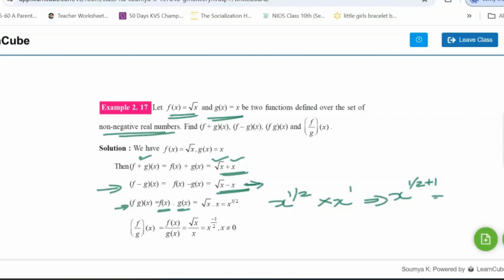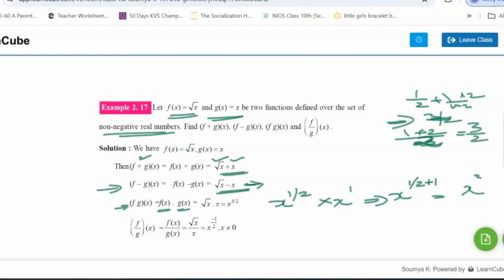When you do 1 by 2 plus 1, it will be 3 by 2. Find the LCM and get the solution: 1 plus 2 by 2, that will be 3 by 2. So x raised to 3 by 2 is the solution. No need to write it like this also. You can simply write it as x root x. That is the final solution.